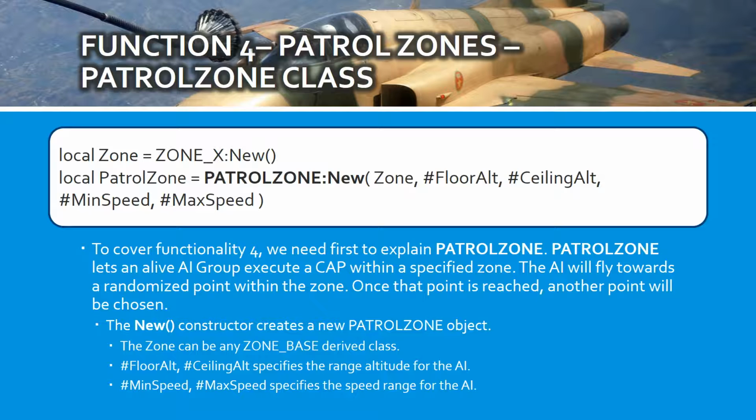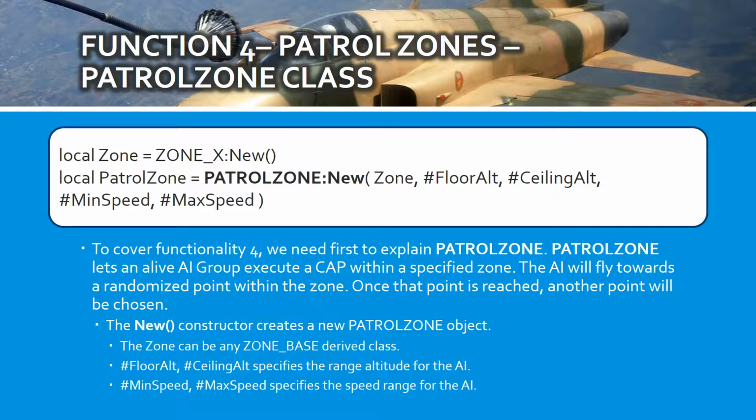When you want to implement function 4 to let the AI patrol zones, the first thing we'll need to do is explain what patrol zone is. Patrol zone is a new class, also created for the AI balancer to work together with it. The patrol zone is responsible for letting an AI group execute a CAP within a specified zone.